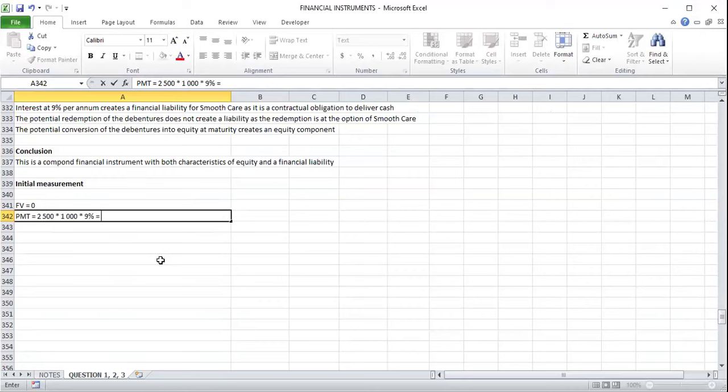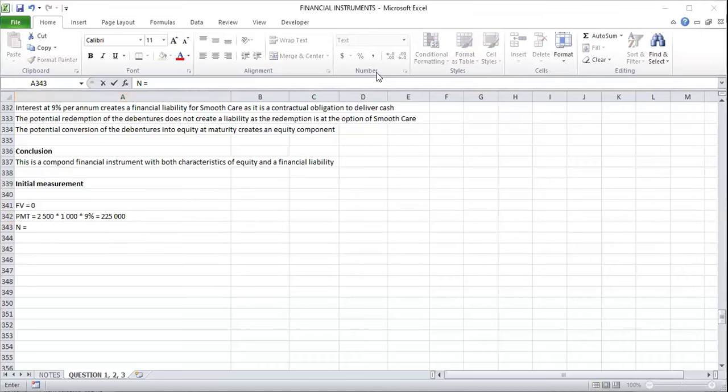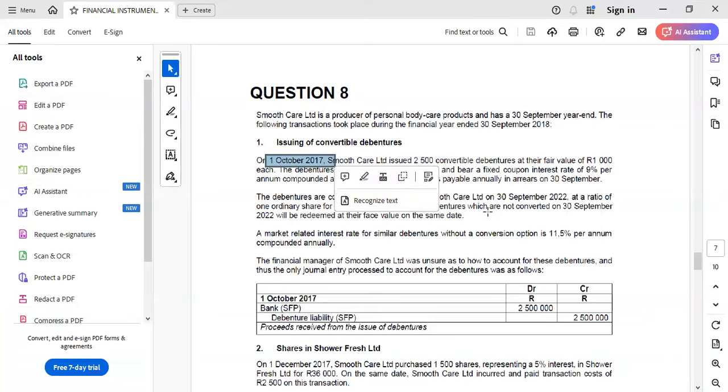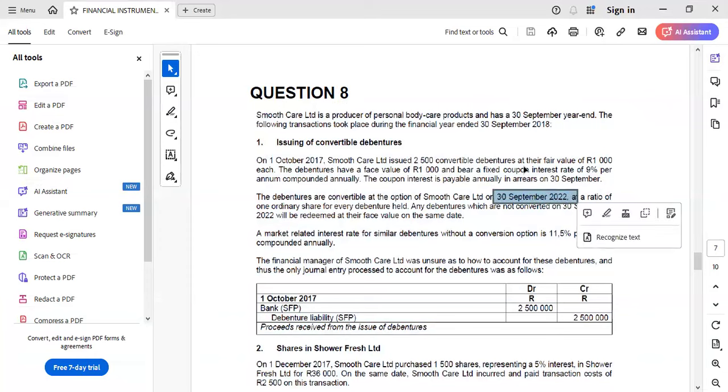What do we get? 225,000. Right. Our N, we know that these debentures were issued on 1 October 2017, and they can be converted on 30 September 2022, which is 5 years.